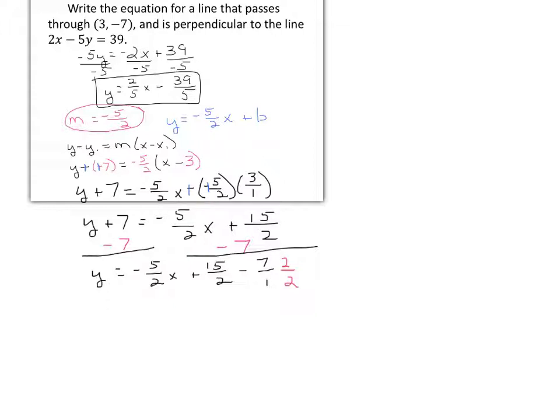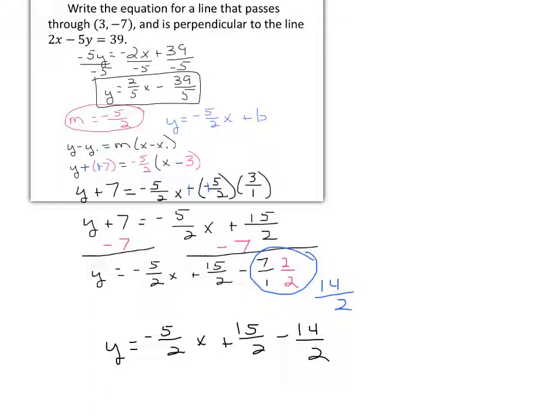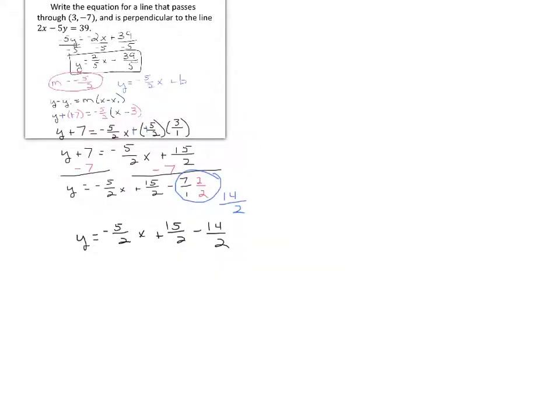So this becomes 14 by multiplying the numerator, 14 halves. That gives us y equals negative 5 halves x plus 15 halves minus 14 halves. And when we combine the 15 halves and the 14 halves, we just add the numerators and keep the denominator the same, so 15 minus 14 is 1.